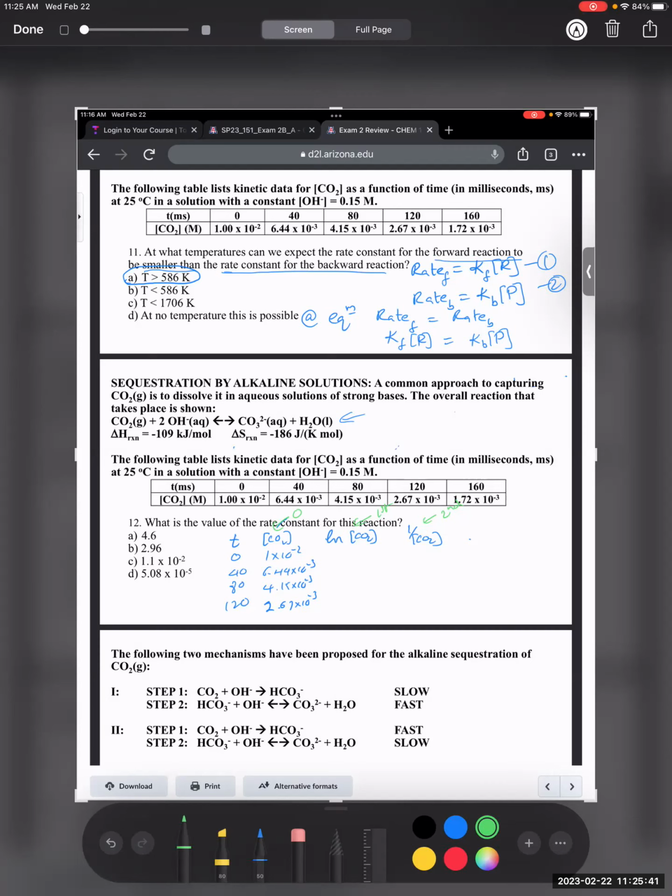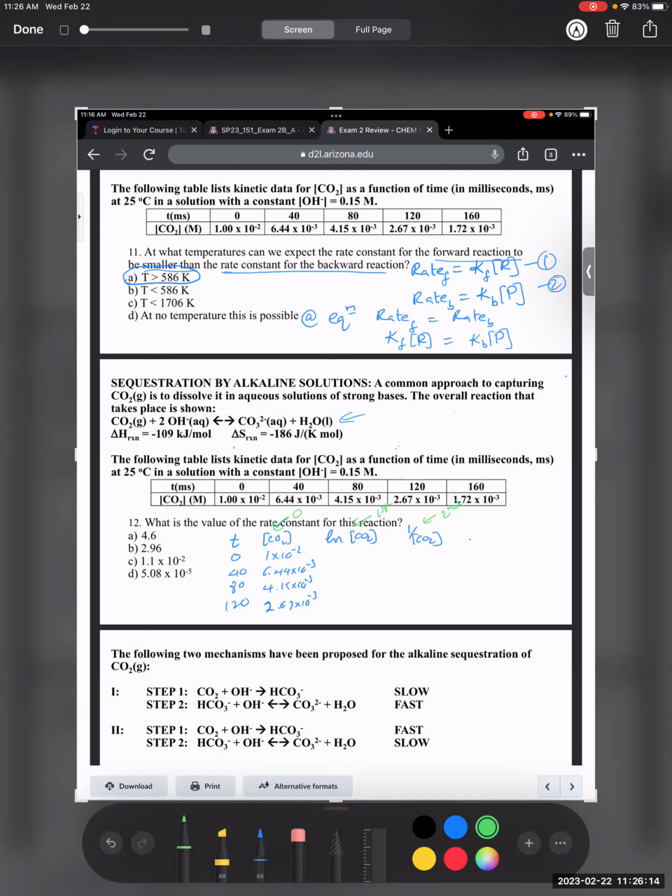Okay, so now I have those values, and then I'm going to create the other list for the natural log of concentration as well. That should be equal to Ln. Select the values. Okay, I made that list. And then I'm going to have 1 over concentration.